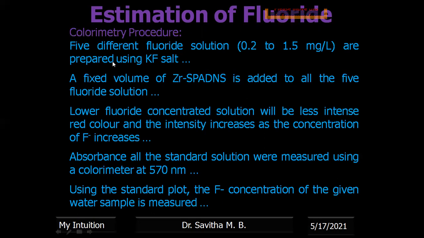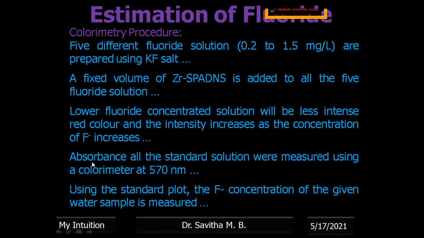If you add 5 ml to one flask, for all the flasks you need to add 5 ml. Now, a lower fluoride concentration will give a more intense color because a smaller amount of fluoride is present, and the less intense color will be in the more concentrated solution.